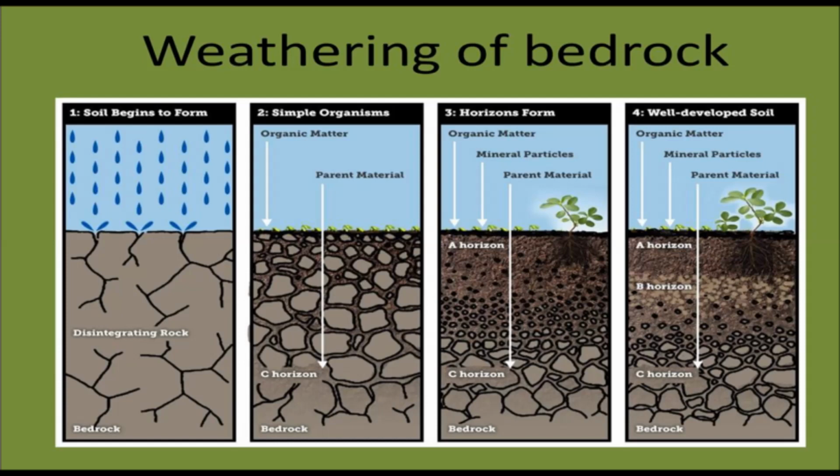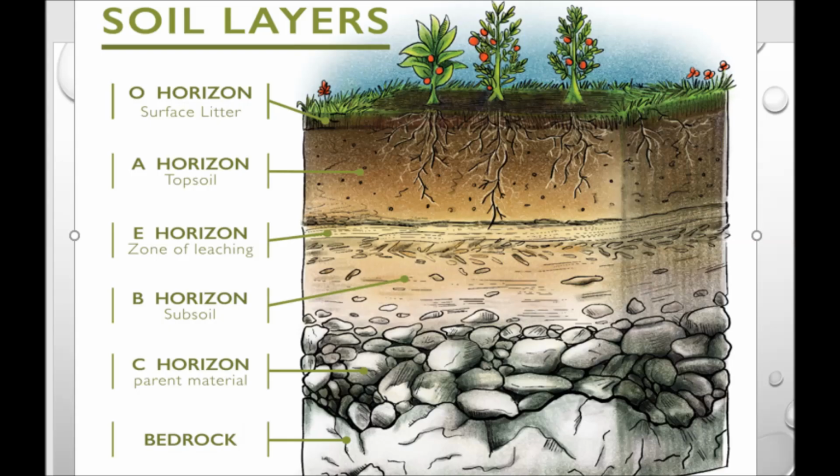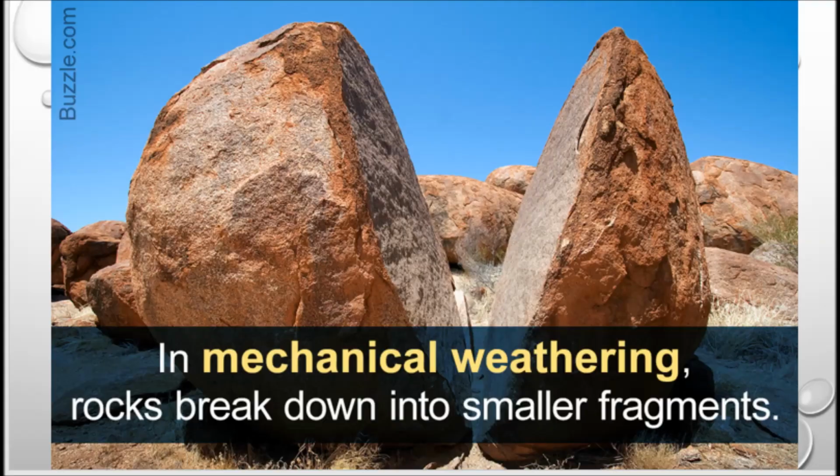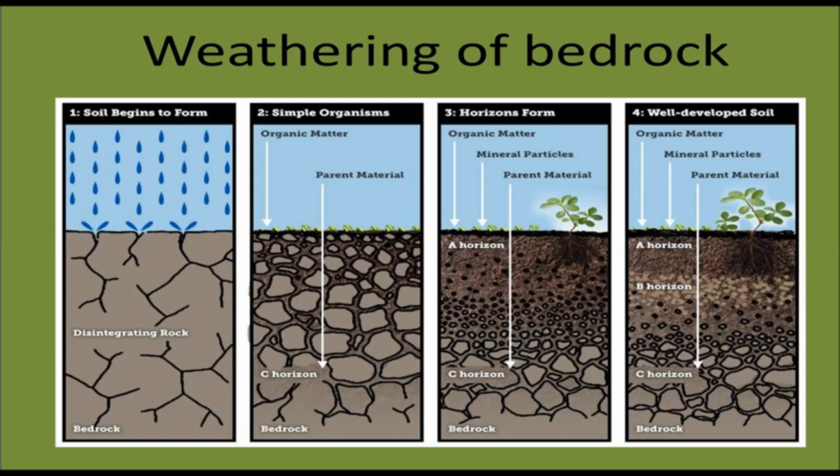The breaking up and decay of rocks by temperature changes, frost action, plants, animals, and man is known as weathering. It takes hundreds of years to make just 1 centimeter of soil. So we need to conserve soil, for soil is another precious natural resource.